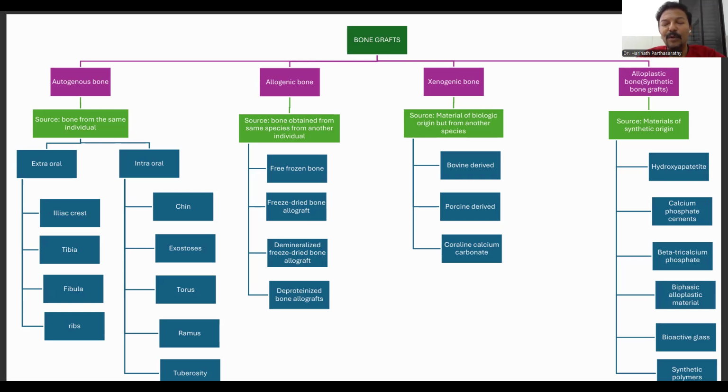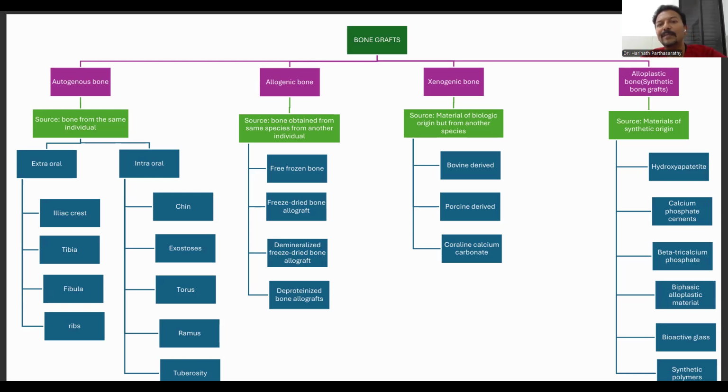The mechanism of bone formation using the xenogenic bone graft is called osteoconduction. Of course, even an allogenic bone can form bone by osteoconduction, but predominantly it is osteoinduction, then osteoconduction.